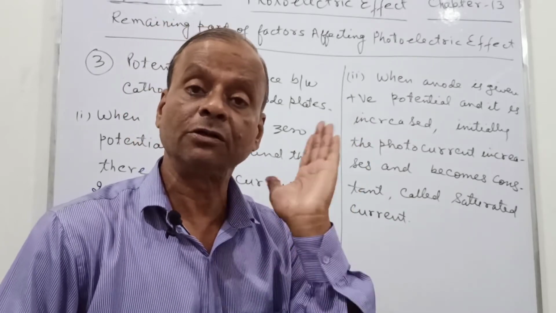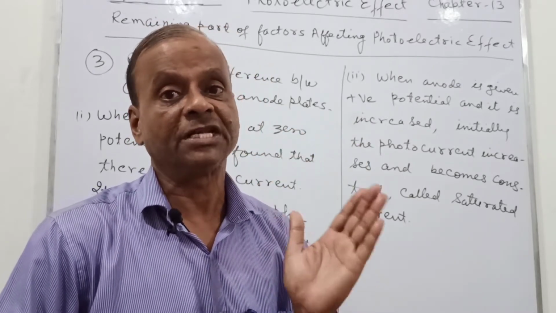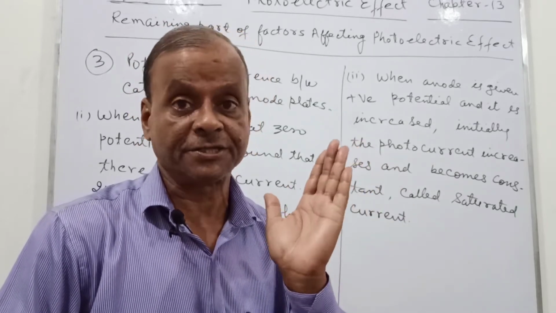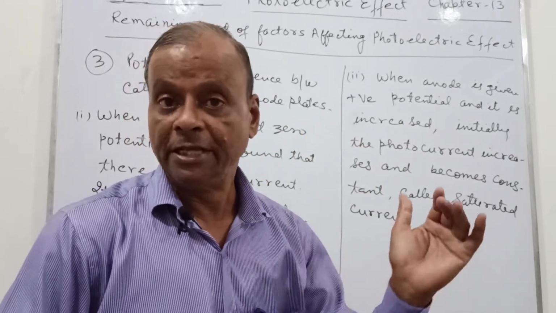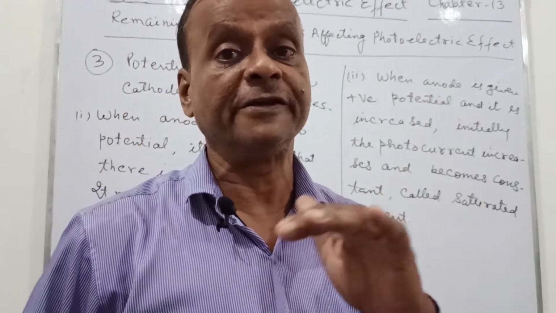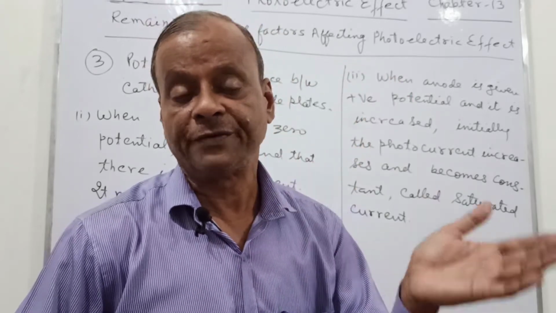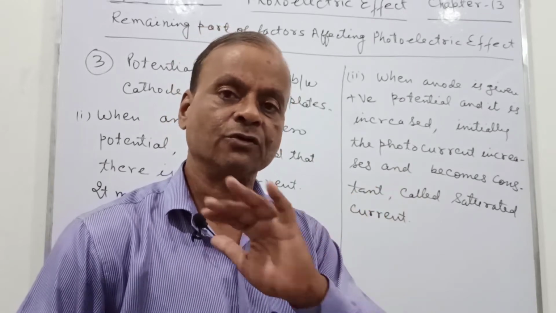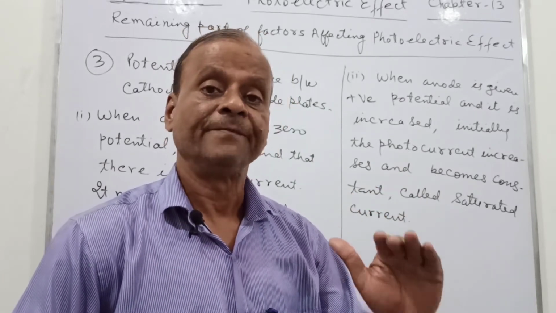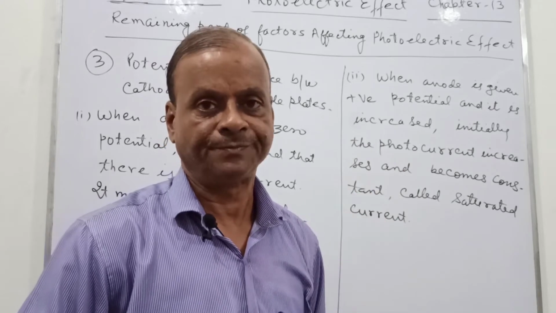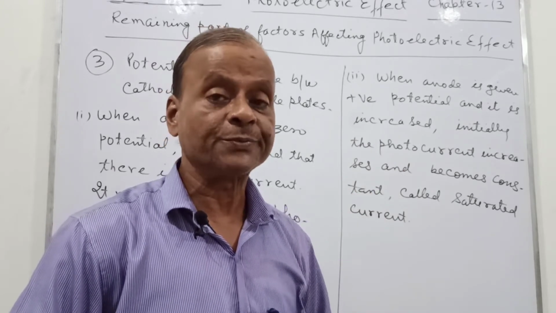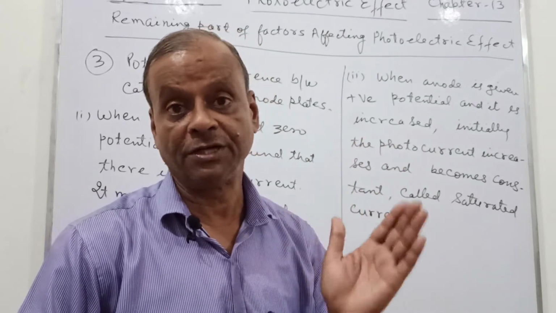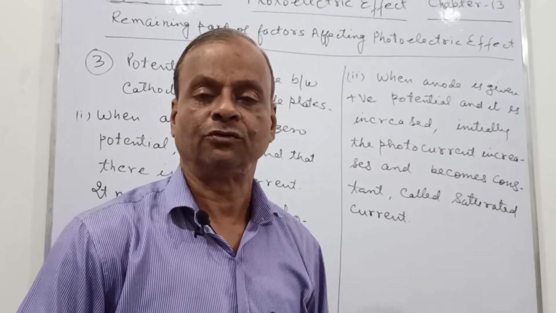It means that there is no more electron left on the cathode. This is called the saturated current. So in case of saturation, no photoelectron is left on the cathode.